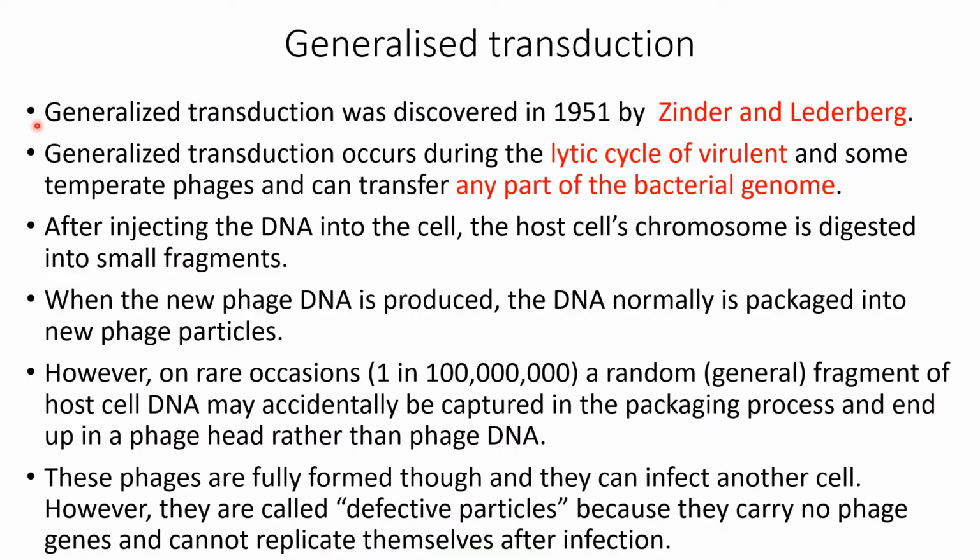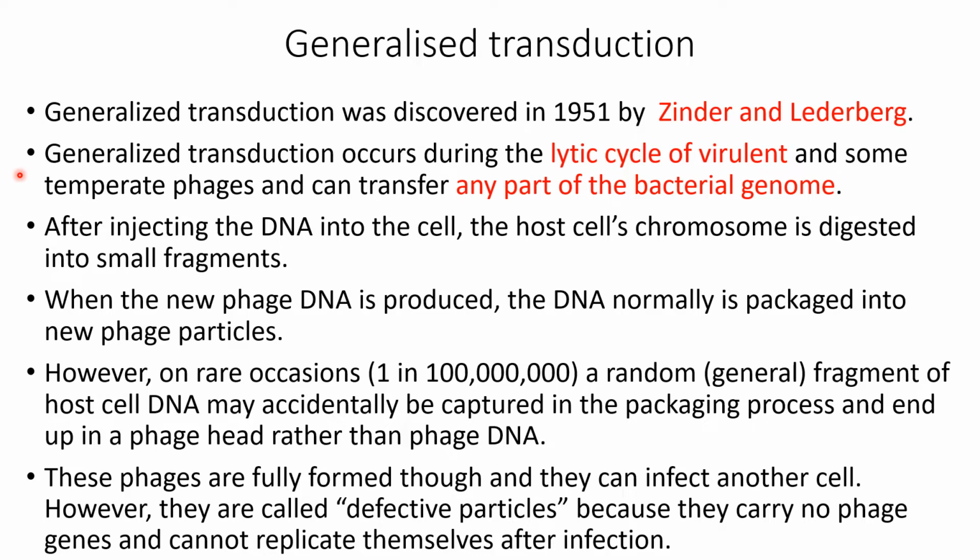There are two types of transduction that are seen in nature. One is called generalized transduction and the other one is called specialized transduction. First, let us see what is generalized transduction and how it takes place. Generalized transduction was accidentally discovered in 1951 by Zinder and Lederberg, and it usually occurs during the lytic cycle of virulent phages.